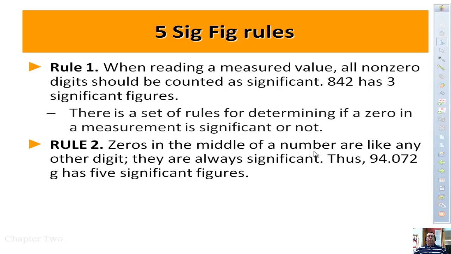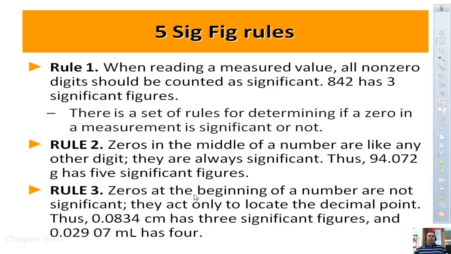So it says zeros in the middle of a number are like any other digit. They are always significant. So this number, 94.072, if we go back to rule 1, the 9, the 4, the 7, and the 2 are significant. Because that 0 is stuck in the middle, we know that it is now going to count also because of rule 2. So this number, 94.072, will have a grand total of 5 significant figures.